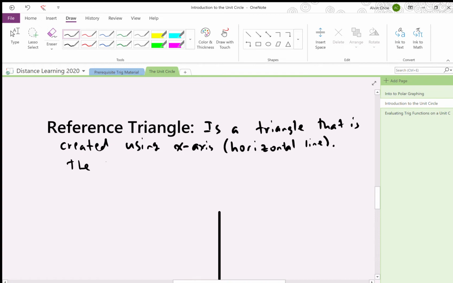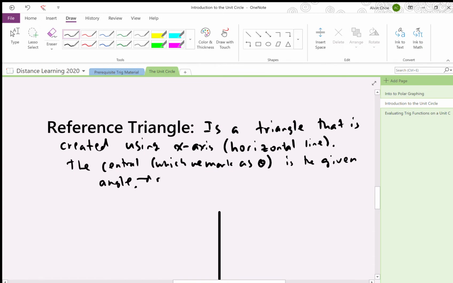The central angle, which we mark as theta, is the given angle, the angle we are using or trying to find. And that given angle should always also be the reference angle.